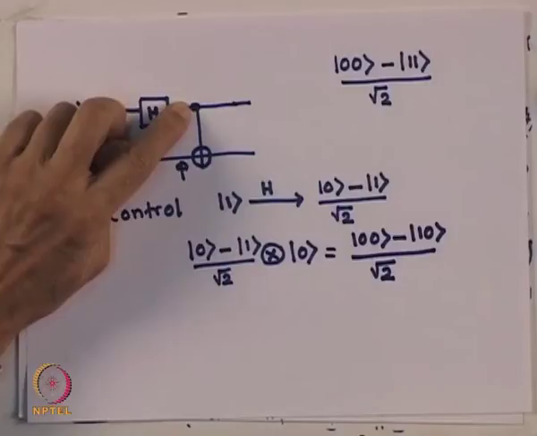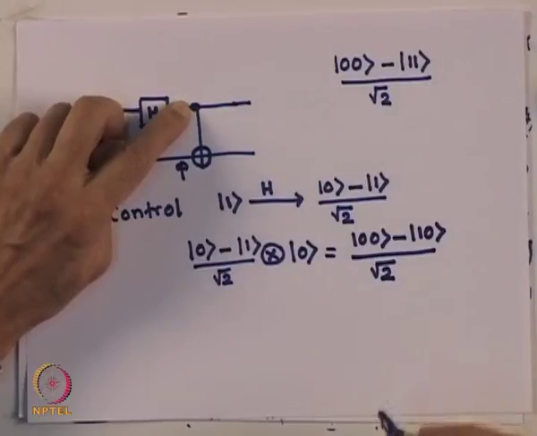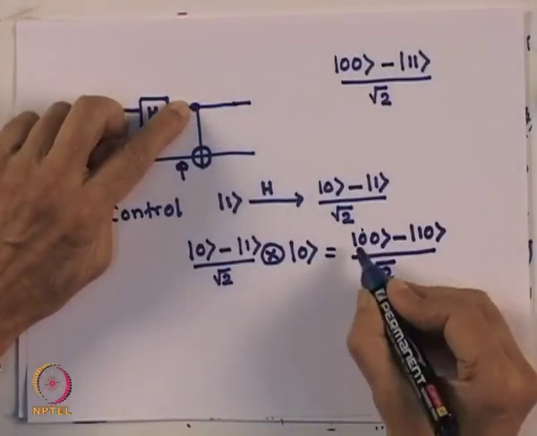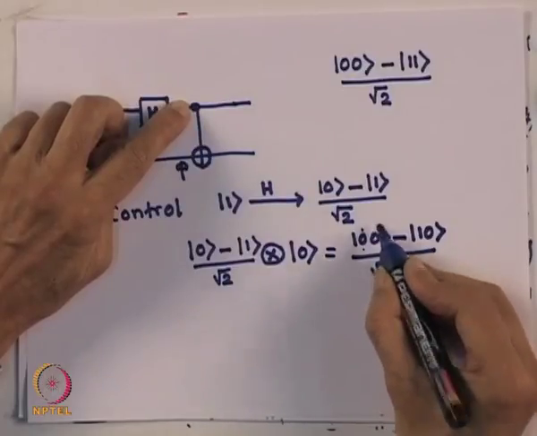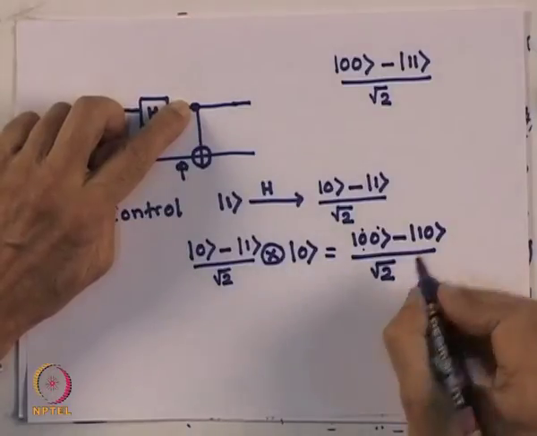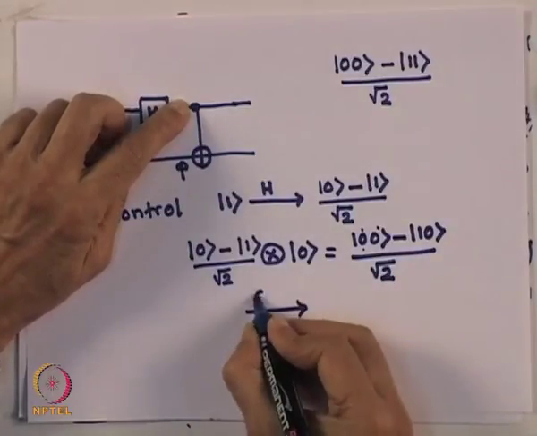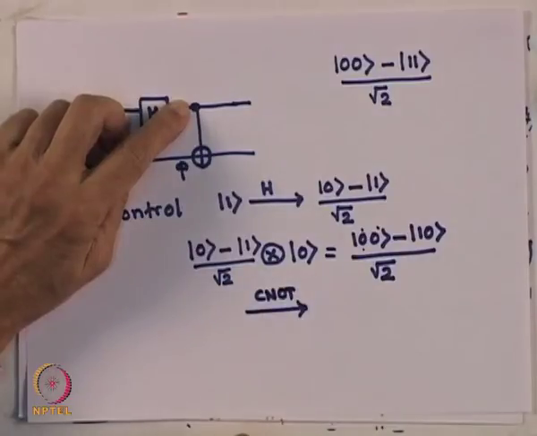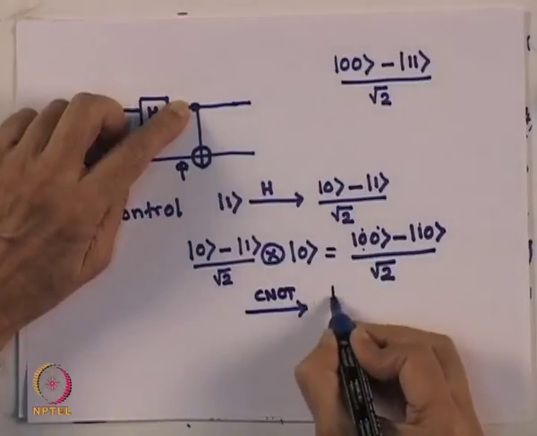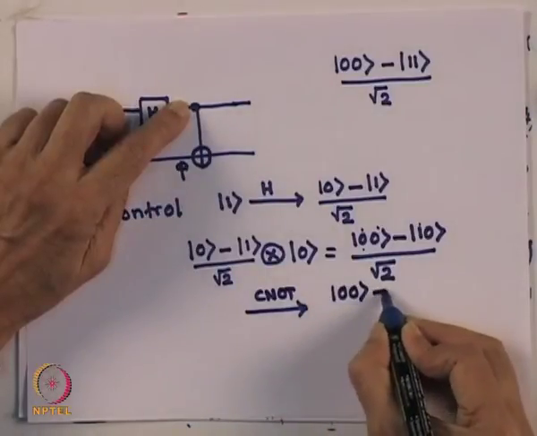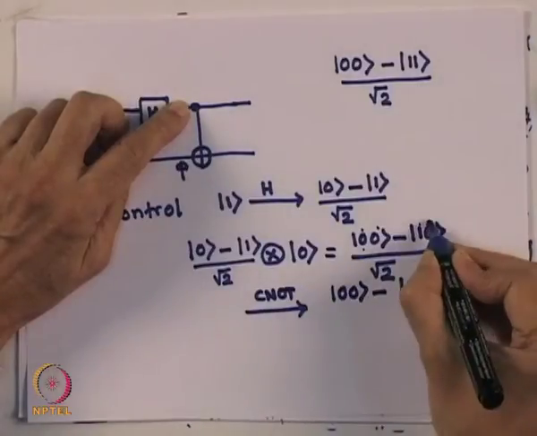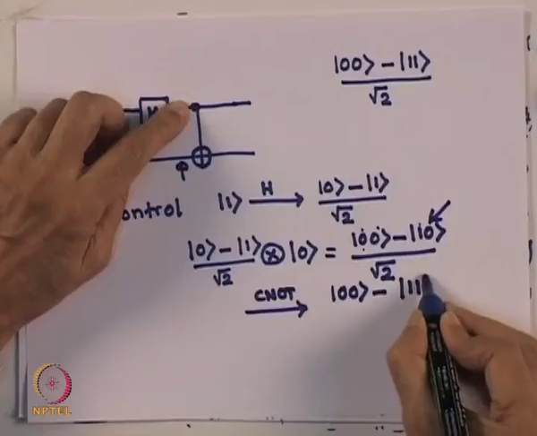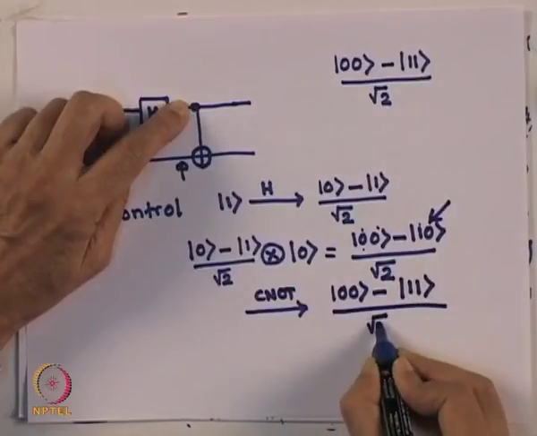Now when I subject this to a C0 gate, in this case the first qubit is 0, that is the control bit is 0, so therefore nothing happens to this 0. So when I pass this through a C0 gate, in the second case my control bit is 1, so the minus sign is already there. In this case the control bit is 1, so therefore the target bit 0 will be flipped, 0 will become 1, divided by square root of 2.